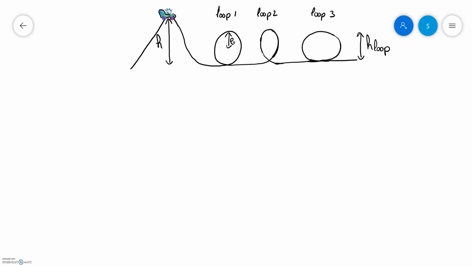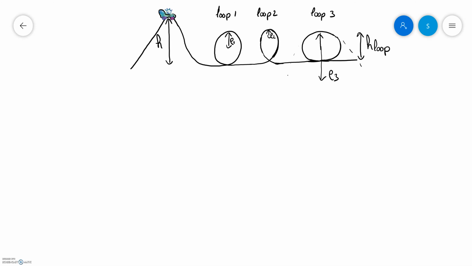So rho 1, this one is smaller, rho 2, and this one is larger, probably, let's put it there, rho 3.